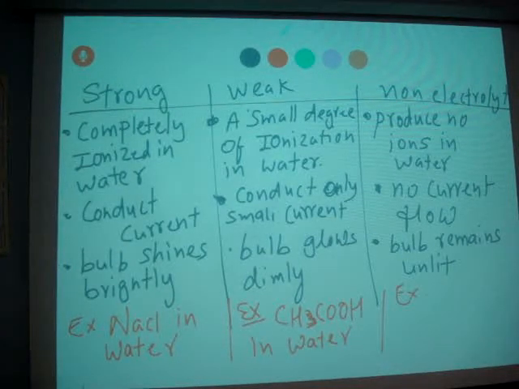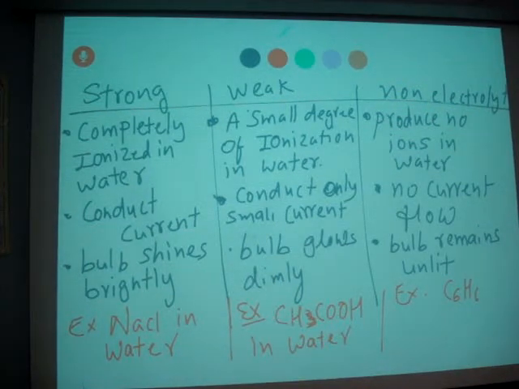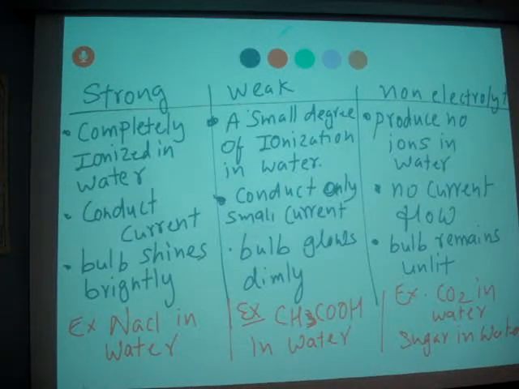And glucose or sugar in water, or CO2, is a non-electrolyte. They do not produce ions, and they do not conduct electricity. So those are the three types of electrolytes.